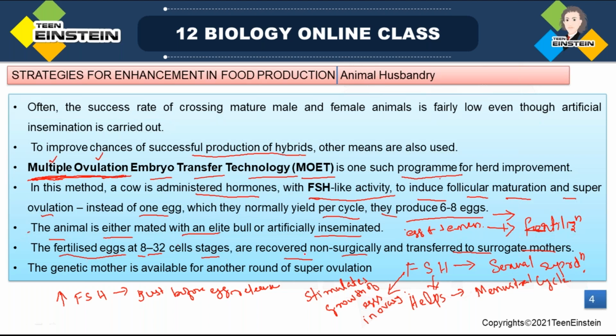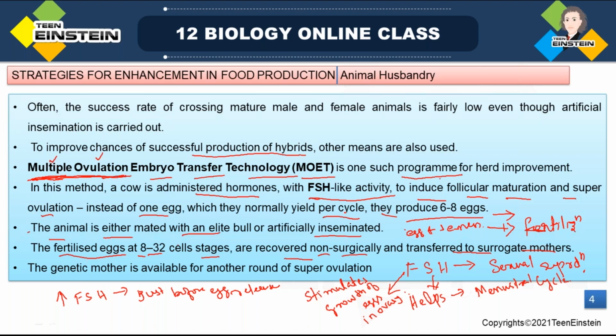Now that the embryo is formed, in 8 to 32 cell stage, that embryo is removed non-surgically and transferred to a surrogate mother, because the cow may have some kind of mating problem.